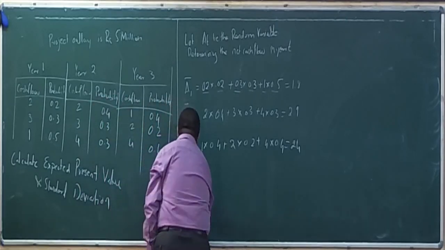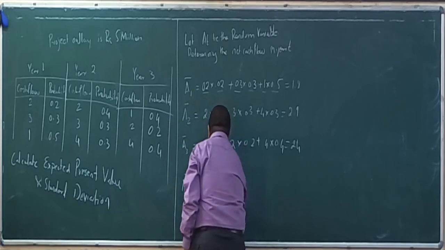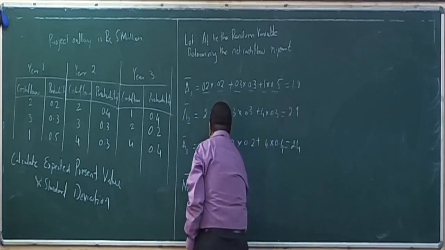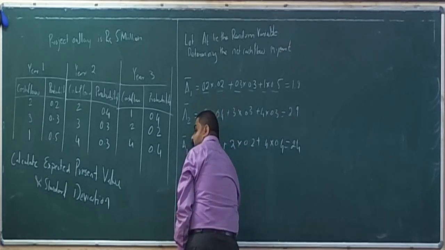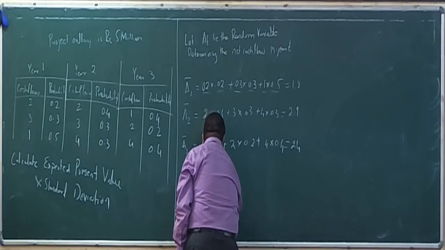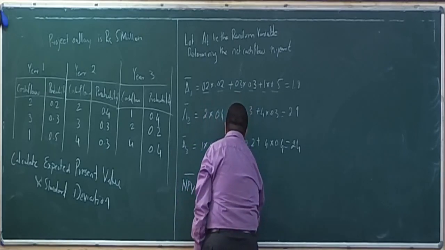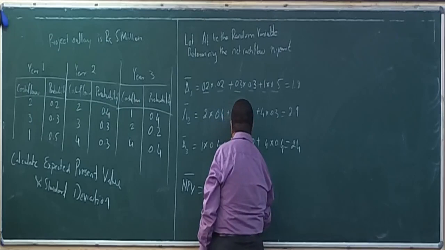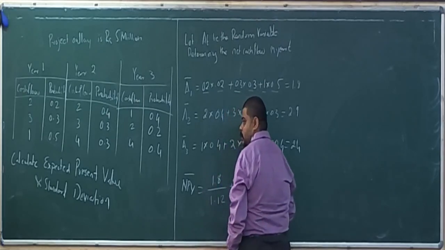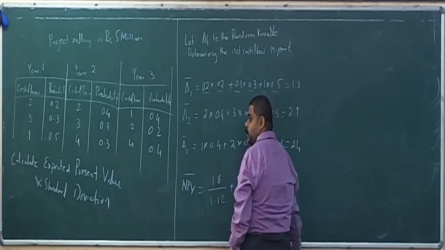So to calculate the NPV, that is NPV bar is equal to 1.8 divided by 1.12, where the cost of capital is 12%, that is given in the problem, plus 2.9 divided by 1.12 raised to 2 plus 2.4 divided by 1.12 raised to 3.